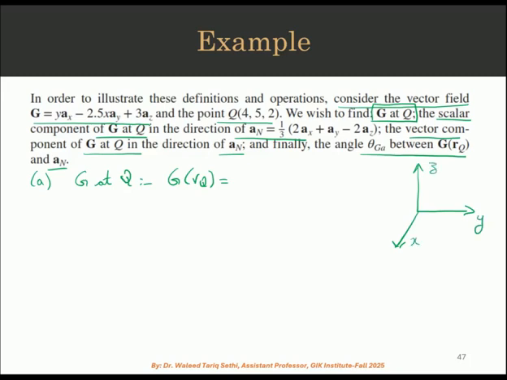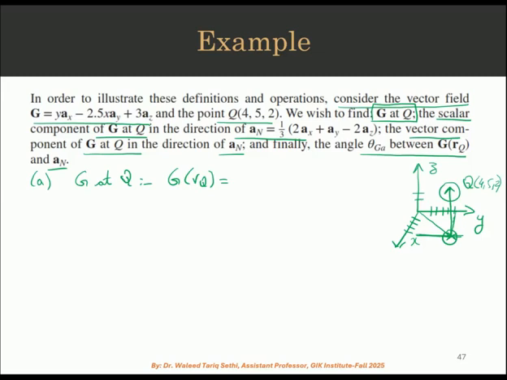We have 4 points on x, so 1, 2, 3, 4, it will be something like this. Then we have 5 points on y, 1, 2, 3, 4, 5, so this is the fifth point over here. This is the cross section, and on z we have 2 points, which will be something like this. So this is the point Q in space, having the values 4, 5 and 2.